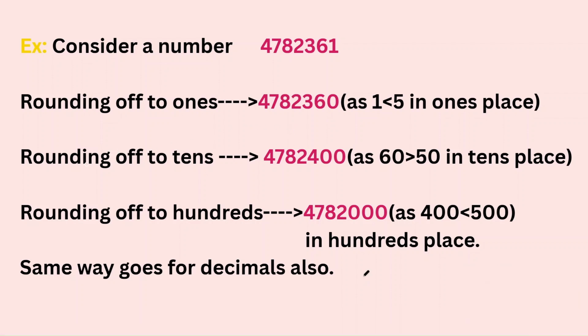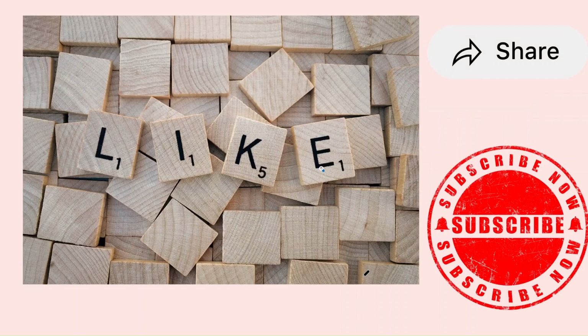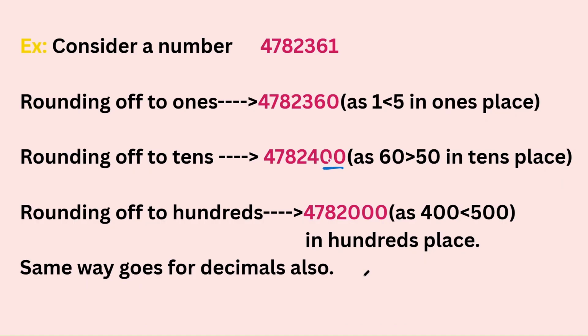Next we are seeing rounding off to tens. Tens means ones place and tens place both should come as 0. Then we have to check the number next to that, in the hundreds place.